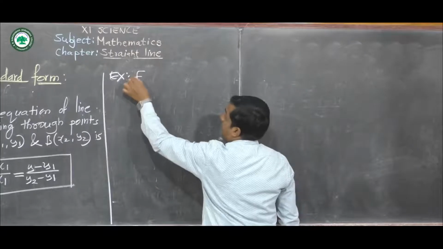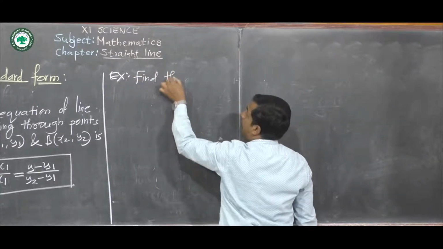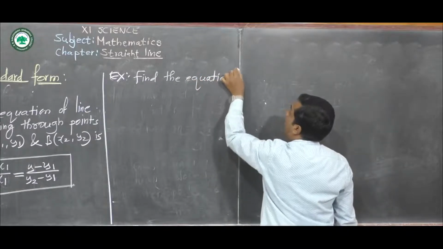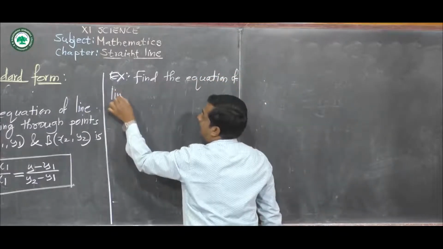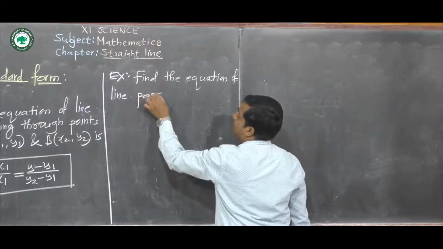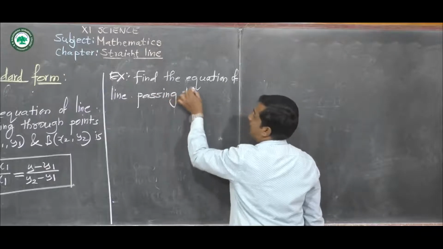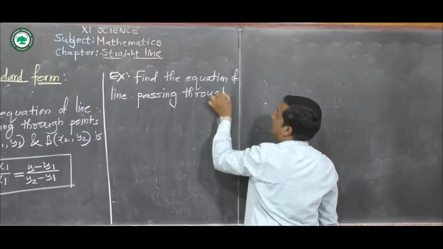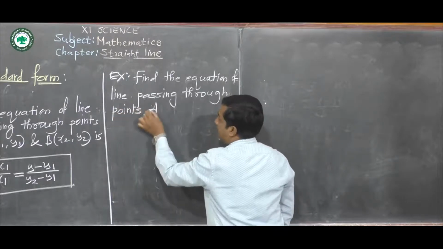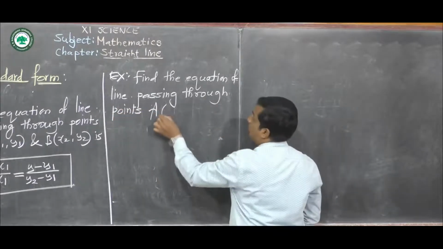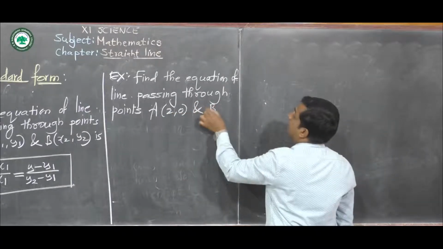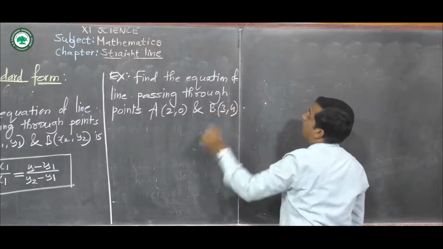Find the equation of line passing through points A of 2, 0 and B of 3, 4.